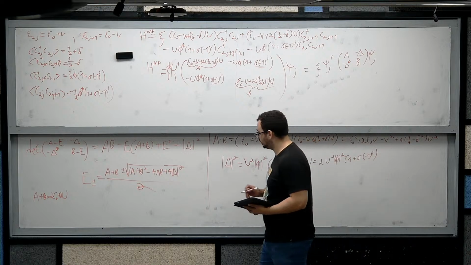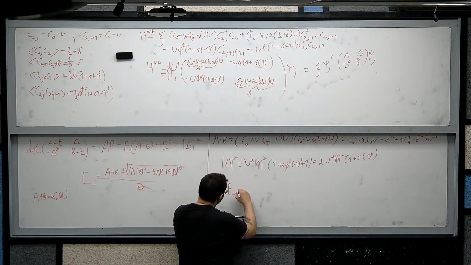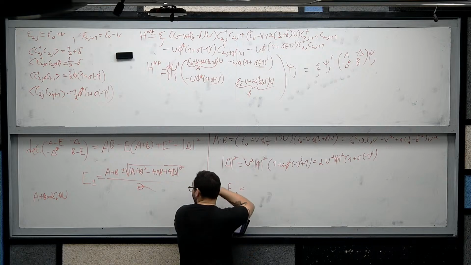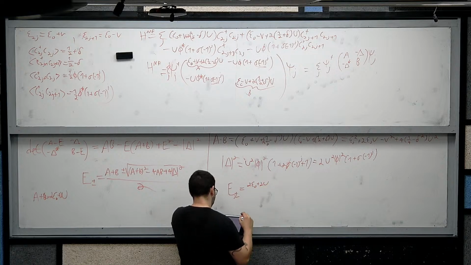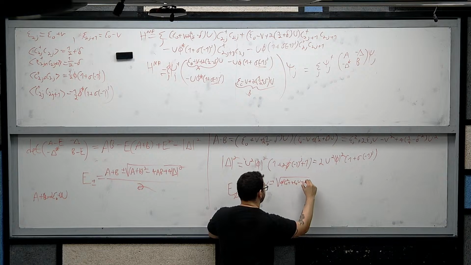Putting everything back into this equation. Equals, so a plus b, first of all, so it's 2 epsilon 0 plus 2u, plus minus square root of 4 epsilon 0 squared plus 4 epsilon 0 u plus 4 v squared.